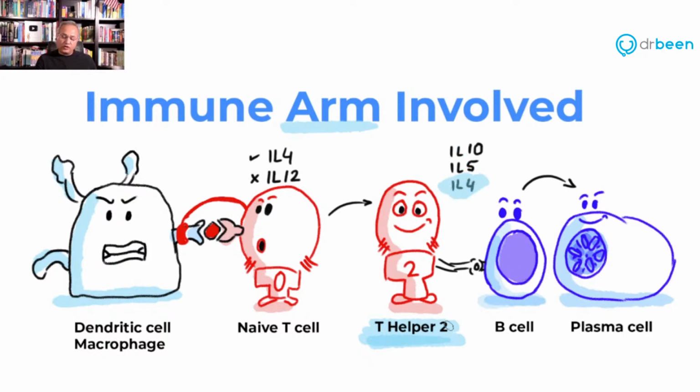Interleukin 4 is important to convert a B cell that is going to make immunoglobulins. It is going to convert that B cell to start making IgE, reagin, the one that primes the mast cell, the one that works with the mast cell to make the mast cell go crazy. That is the IgE.